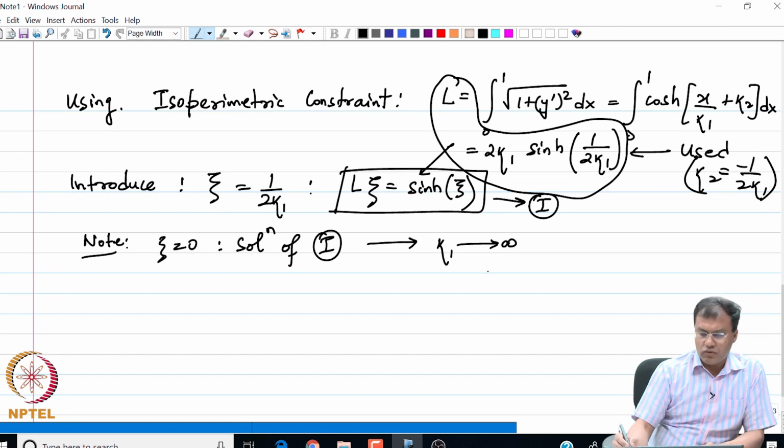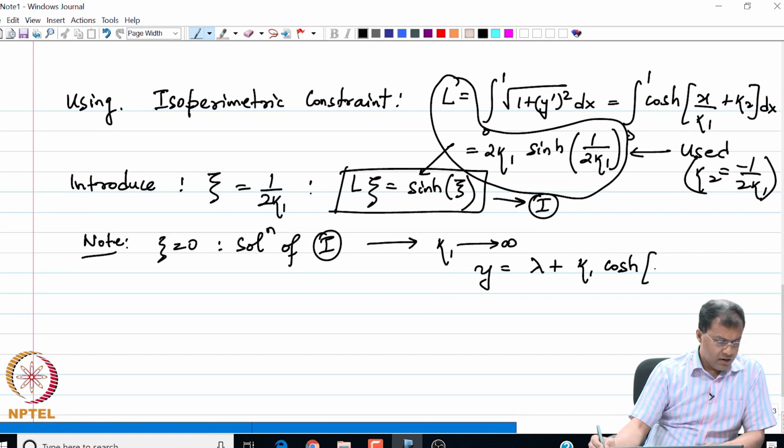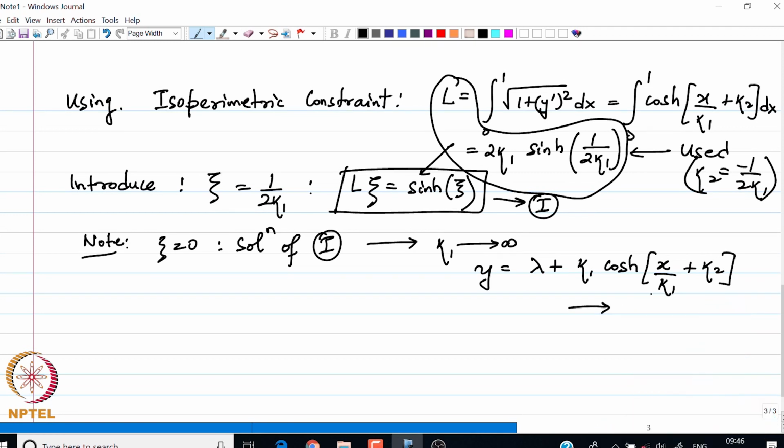So, if kappa 1 goes to infinity, then y, which was equal to lambda plus kappa 1 cosh of x by kappa 1 plus kappa 2, goes to lambda plus cosh of 0, which is a constant.